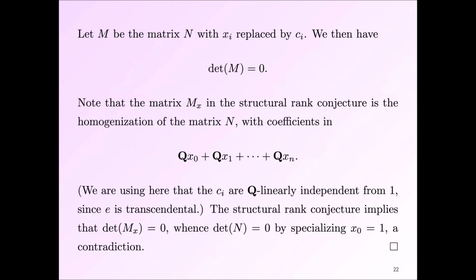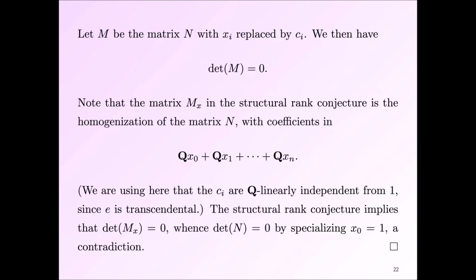So then the determinant of M is 0 because it's P of C1 through Cn, which we assumed was 0. But now we have to use the structural rank conjecture for this matrix M. And the matrix Mx in the structural rank conjecture is the homogenization of the matrix N, the original matrix.